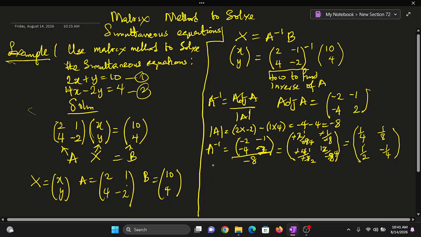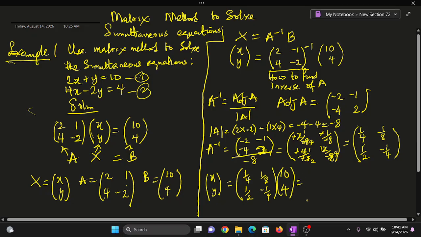Now we are almost moving closer to the end of the question, and this is x comma y. Now we have our inverse already to be 1 over 4, 1 over 2, 1 over 8 and minus 1 over 4, and multiplied by what we have here, which is 10 and 4.